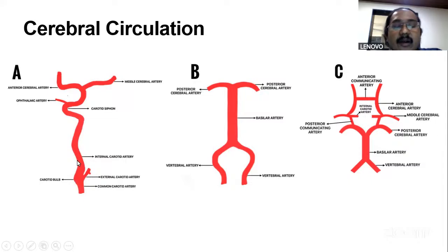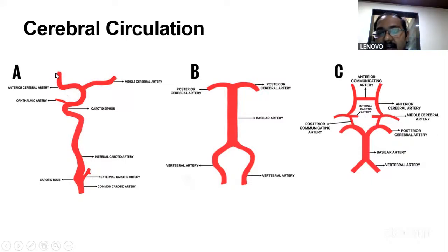The internal carotid artery travels through the neck, then enters the skull, forming an S-shaped structure called the carotid siphon. The carotid siphon gives a branch called the ophthalmic artery to the eye, and continues as the terminal internal carotid artery before it divides into the middle cerebral artery and anterior cerebral artery.